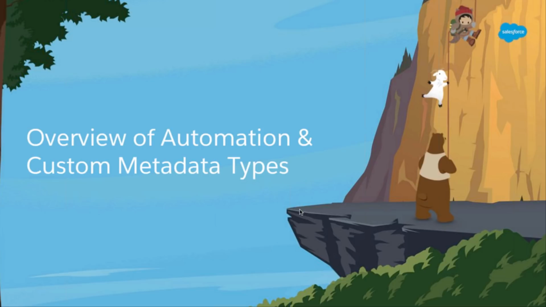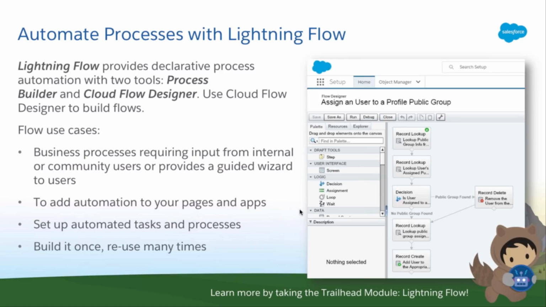Alrighty, so now we're going to jump into the overview of automation and custom metadata types. So Lightning Flow is the product that offers declarative process automation using 2 tools, Process Builder and Cloud Flow Designer. We're going to focus a lot of our attention on the flow piece. So Cloud Flow Designer allows you to build flows.